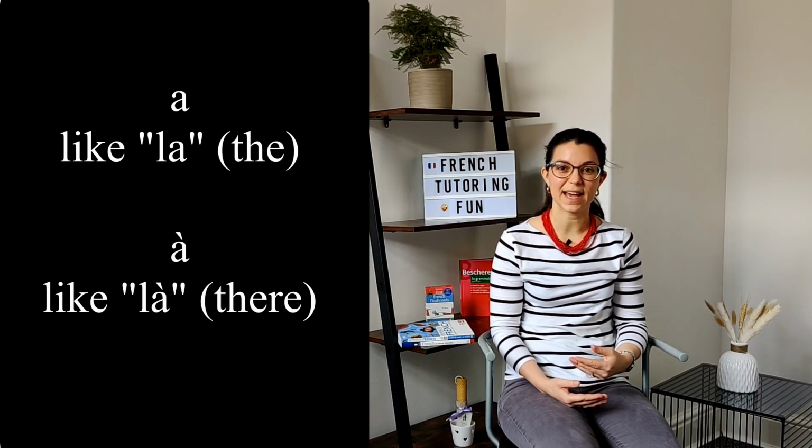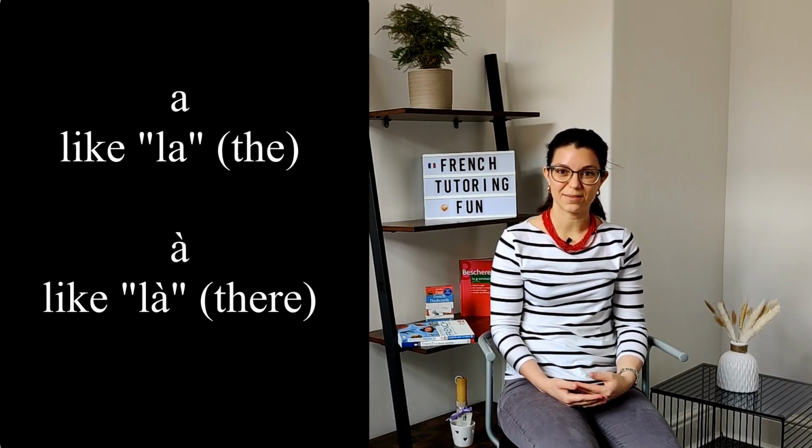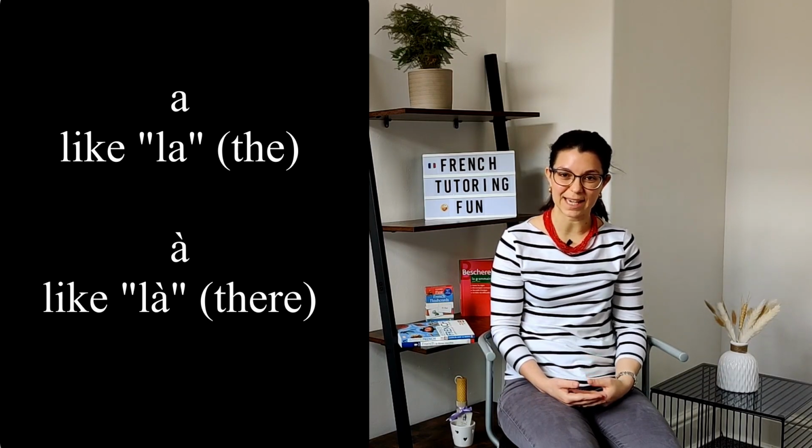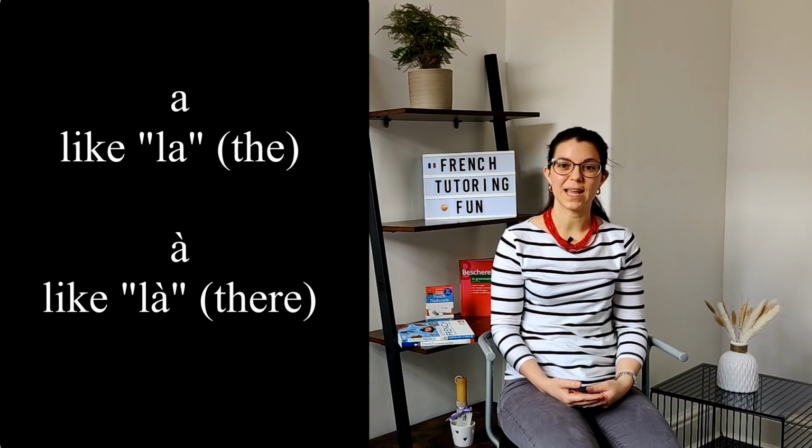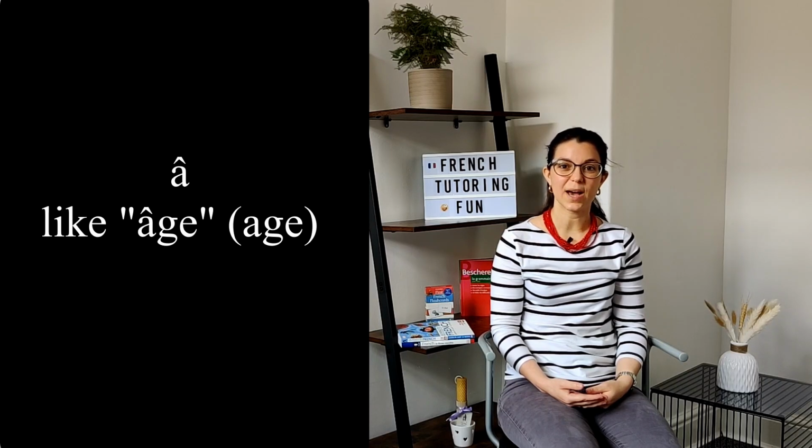So A without the accent and A accent grave is pronounced A. They are both the same. So for example, la. Then the A with accent circumflex is the same as previously. It's A, but a bit longer, like âge.